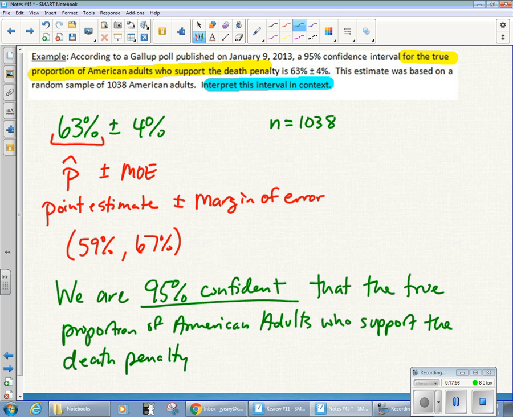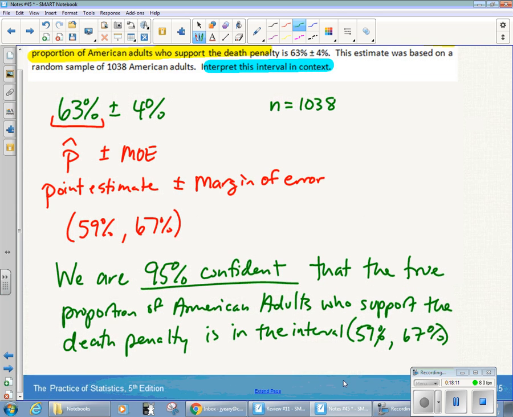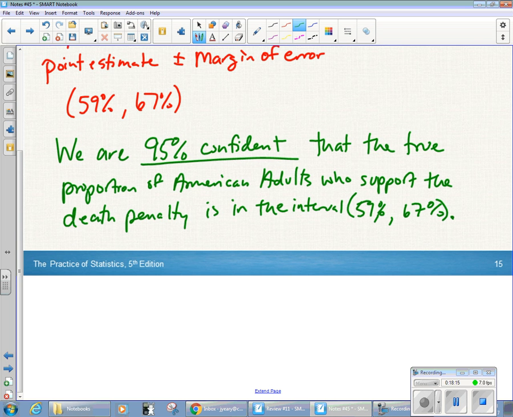Who support the death penalty is in the interval 59% to 67%. Now, the only real freedom you have in this example is that, because they gave you the confidence interval in the format they did, you could represent it in that same exact format and get full credit.